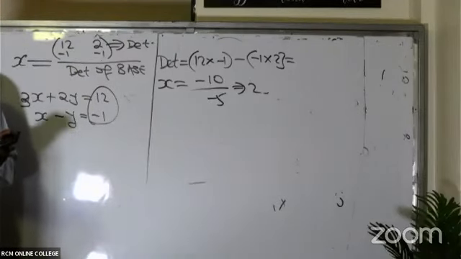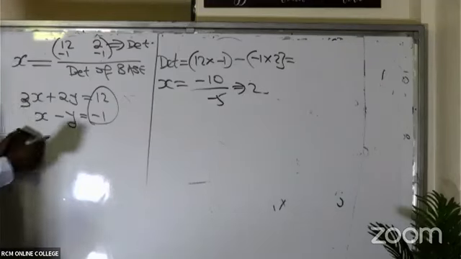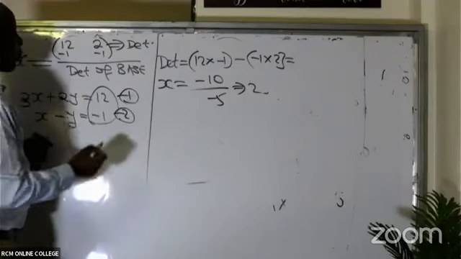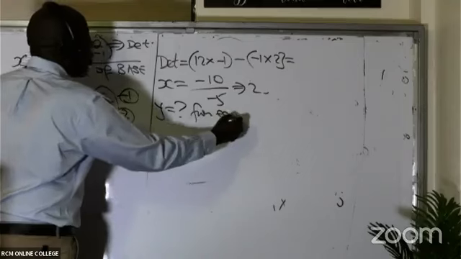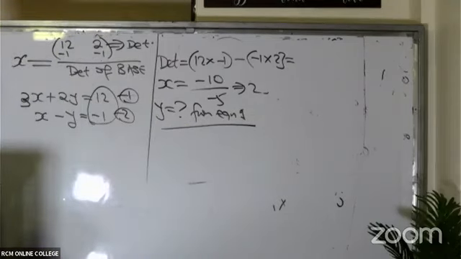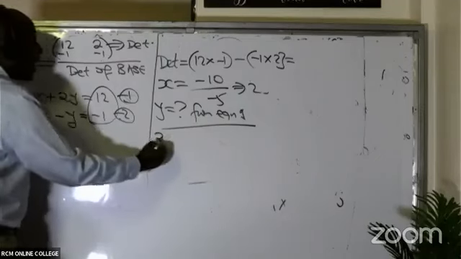So once you get the value of x, you shall be able to get the value of y by substituting in any of the two equations. So come and give us the value of y from equation 1. This is equation 1: 3x plus 2y equals 12.